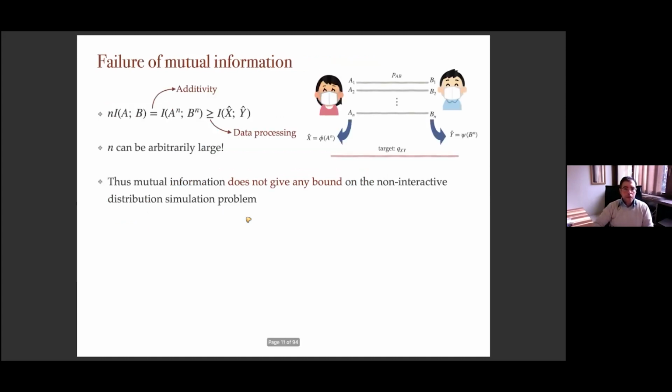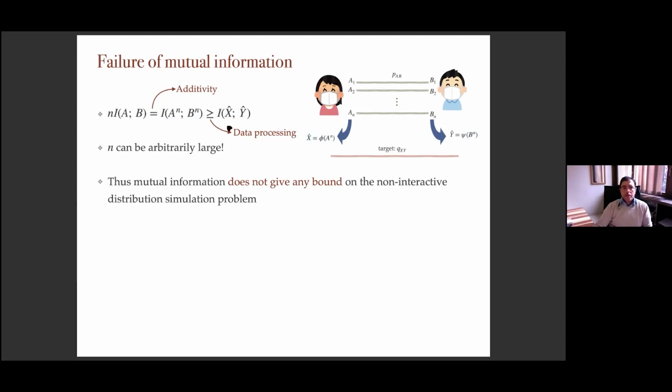Okay, so now let's use these two properties to see if I can get something for this non-interactive distribution simulation problem. Alice and Bob start with n IID copies, so I can write down the mutual information between A^n and B^n, and then they locally manipulate them to produce this target distribution Q_XY.